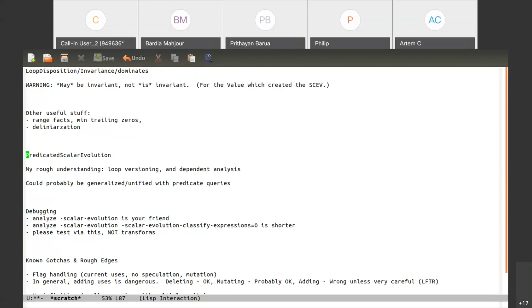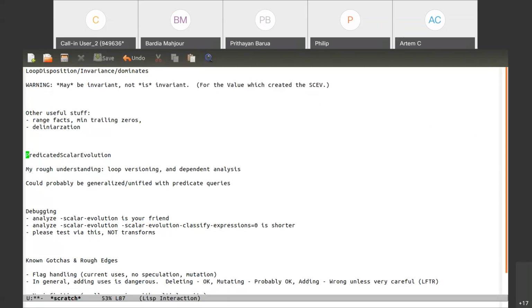My rough understanding is the use case for this is you're doing some form of code versioning, and you're asking, after I version this loop subject to this predicate, what properties hold within this loop? One of the things I don't know is whether it's legal to use this in a purely speculative manner as opposed to committing to the versioning. It's just a subtlety I don't know the answer to.